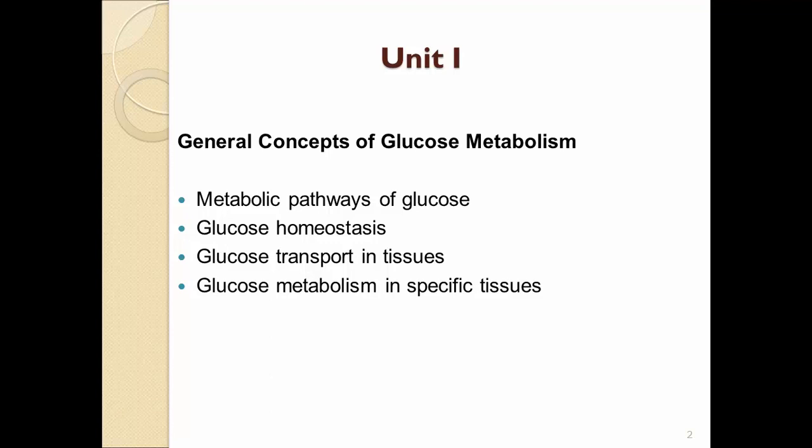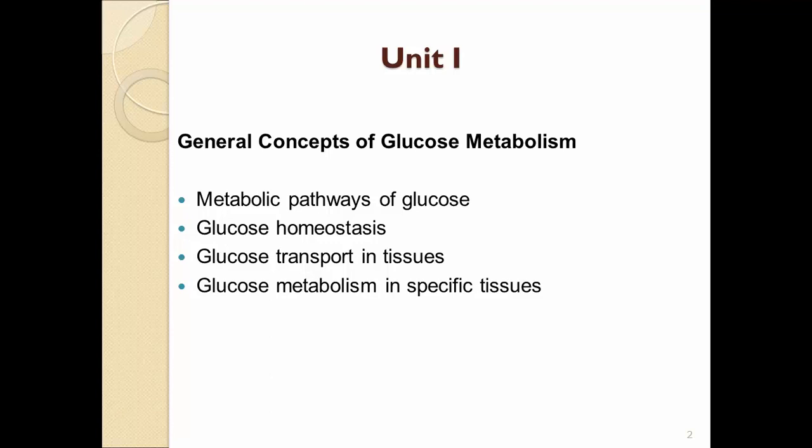So liver is the very important tissue that can synthesize glucose, right? Can also break down glucose. It can also do the gluconeogenesis. And adipose tissue usually is not able to do glycogen synthesis, gluconeogenesis. So different tissues metabolize glucose differently.